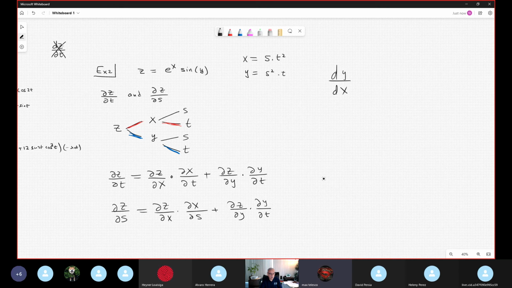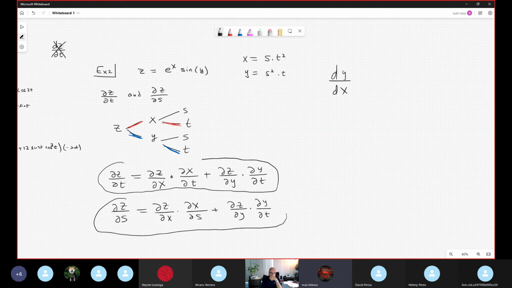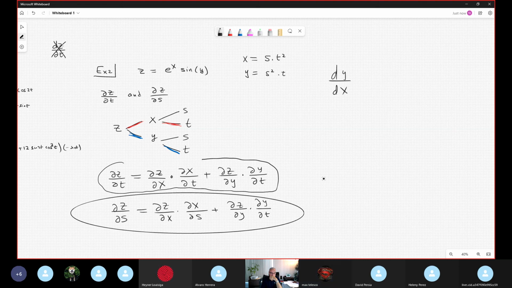You have delta y over delta t. Remember, we have two independent variables, s and t.